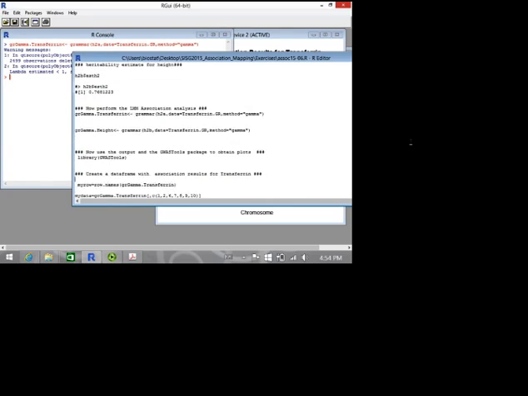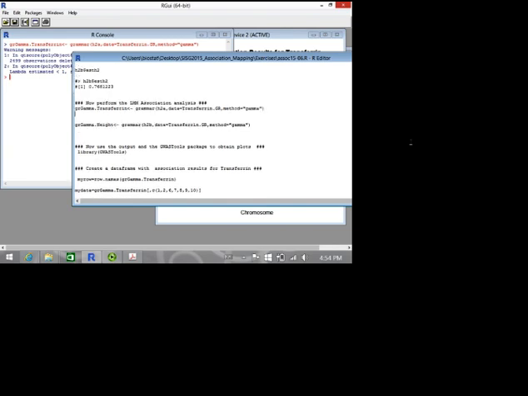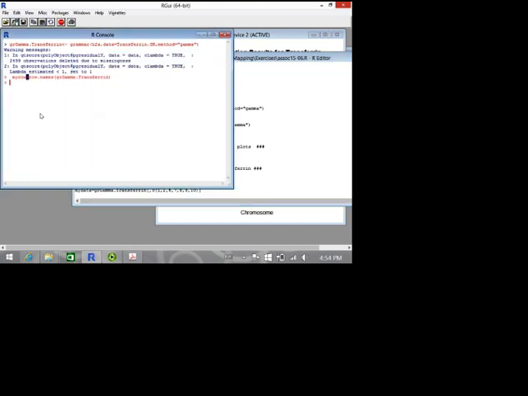So I have my results, and the results are saved. I saved it as gamma.transferrin. So let's look at the rows.